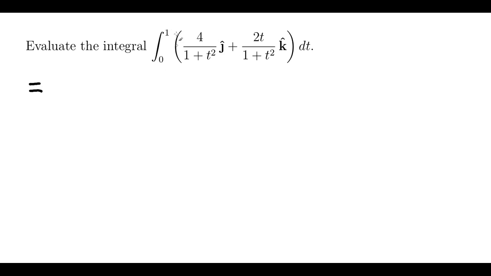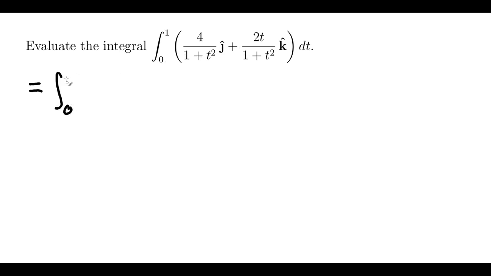By any reasonable definition of an integral, a sum of terms in an integrand, we can restructure that so that the integral becomes a sum of integrals of the individual terms, right? So we see this plus here for these two pieces.